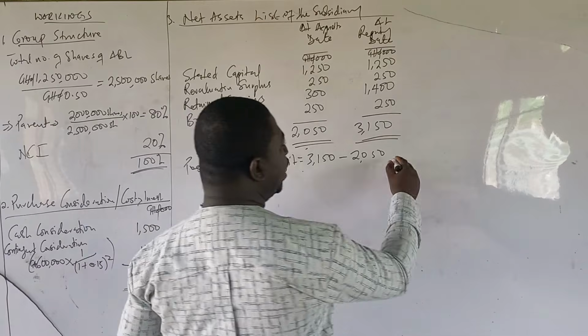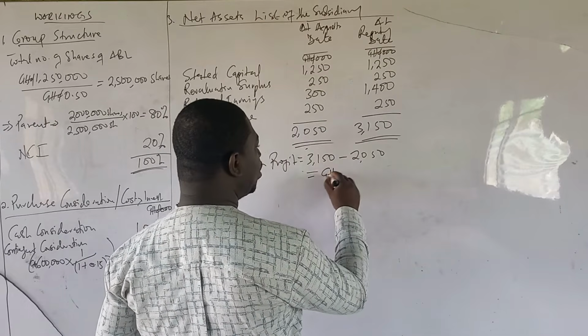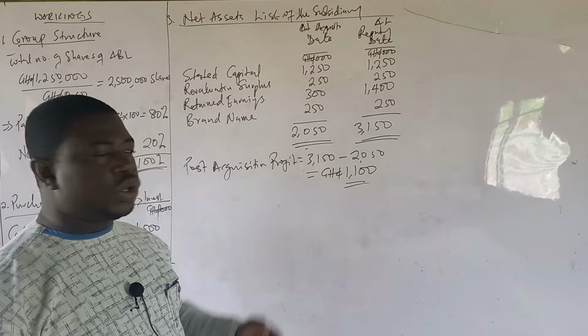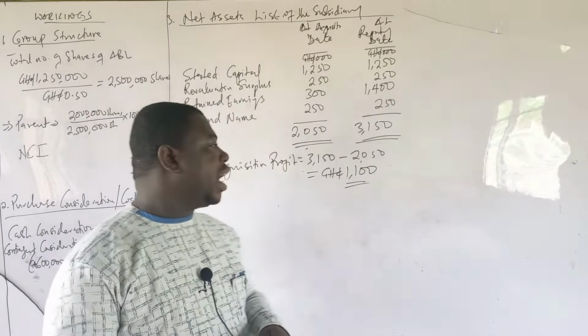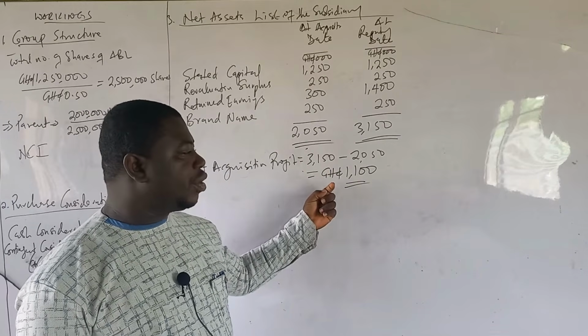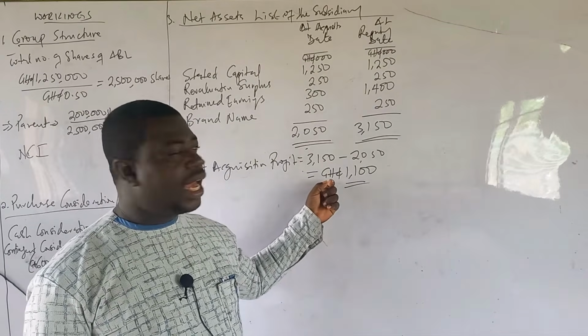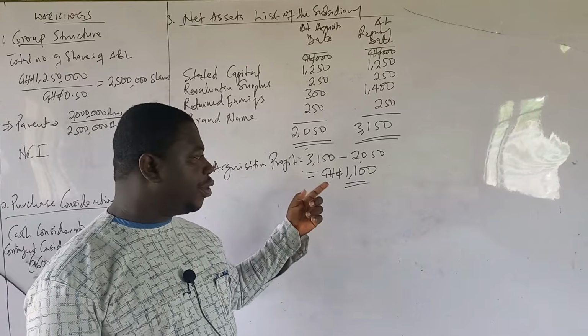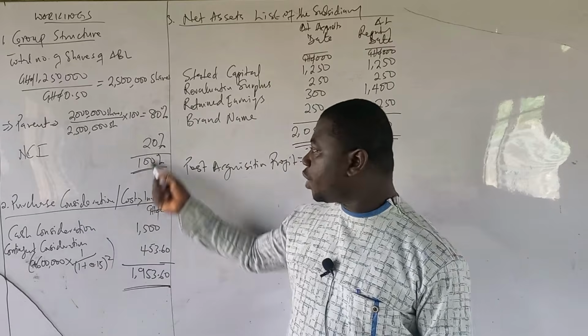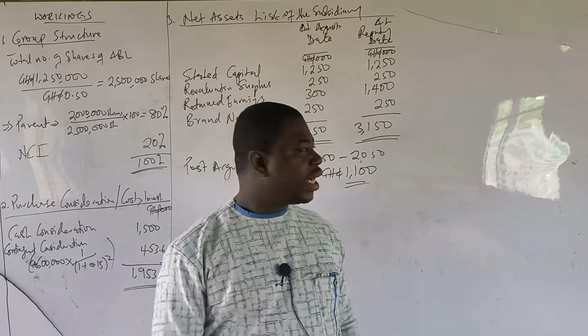And truly, the increase is going to be 1,100 Ghana cedis. And that is going to be our post-acquisition profit. And this is what we are going to use. Remember that the non-controlling interest will have a share of this, and then the group income surplus for the parent, we're also going to have a share on that, based on the percentage holding for both of them.